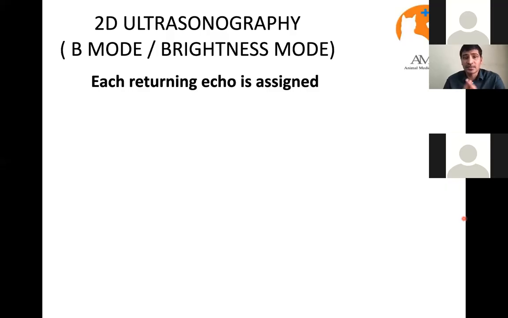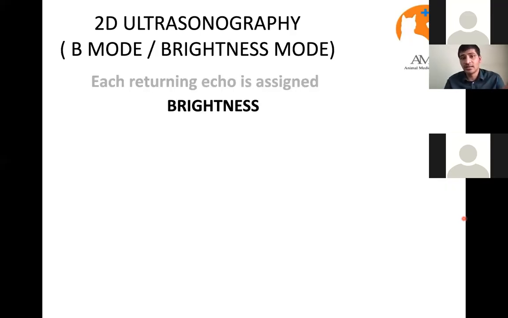So what happens? First, the ultrasound wave leaves the probe and it hits the object, right? And then it returns back to the probe, and each returning echo is assigned brightness and location. So we have to understand, because this brightness and location is responsible for the image creation. Now we really have to understand how image is created. Without that, we are always in confusion.